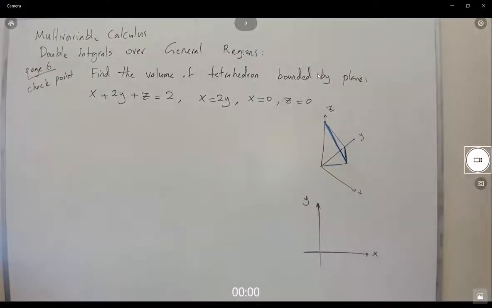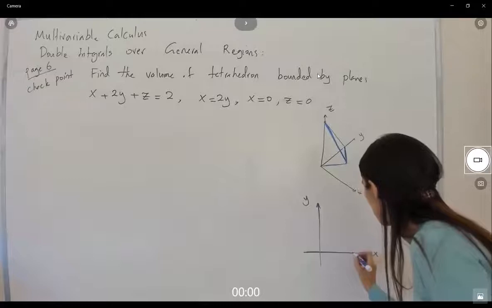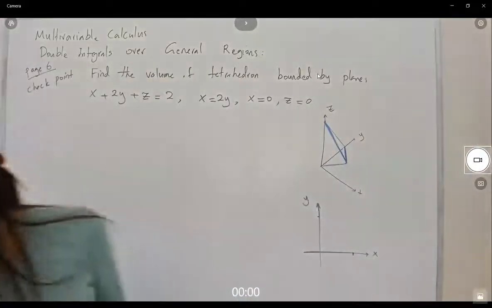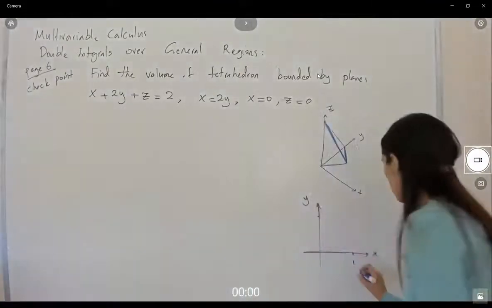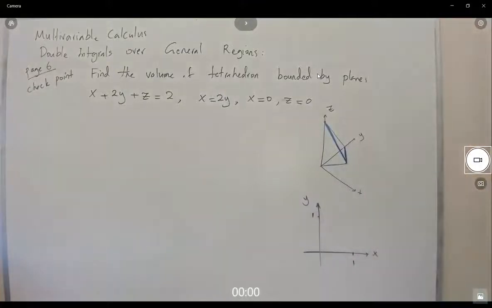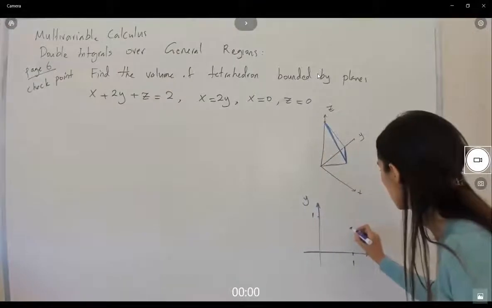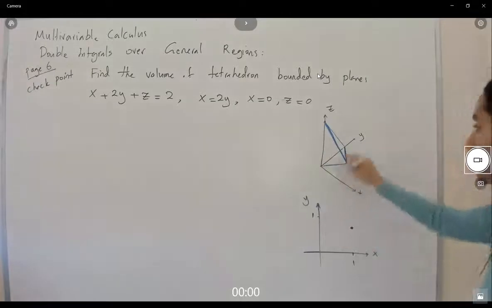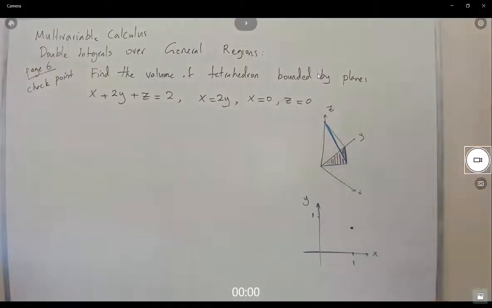So y is equal to x over 2. So suppose we're scaling this guy here and here. One and one. So when your x is equal to 1, your y is equal to 1/2. x is equal to 0. Okay, we're just projecting this into the xy plane. You're looking at the projection.